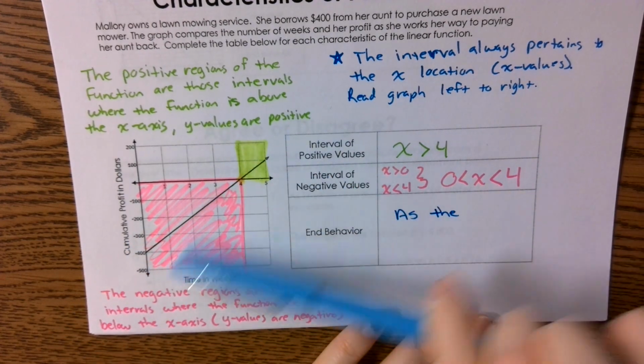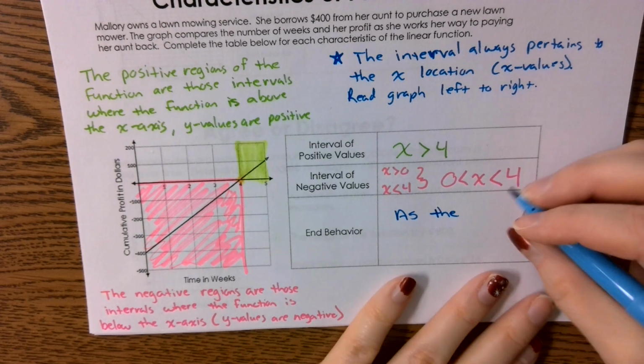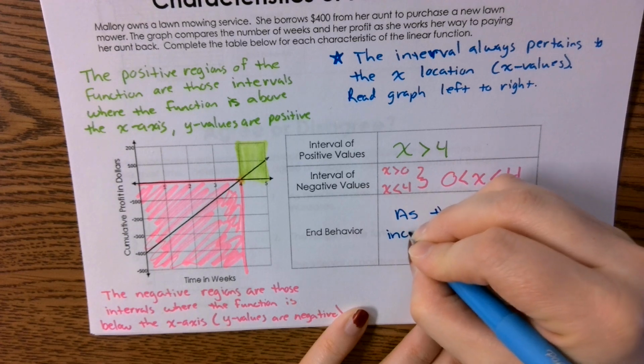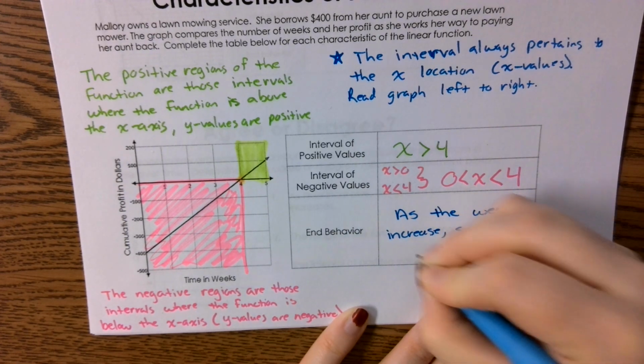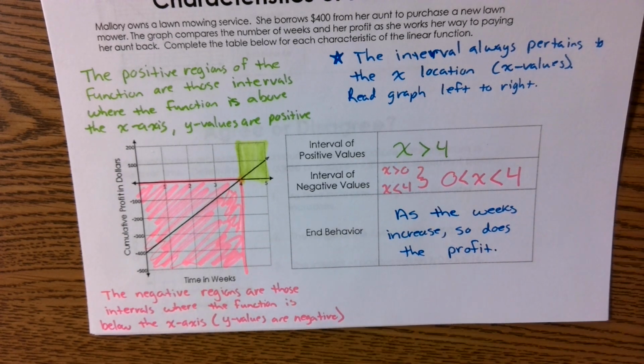In these linear relationships, the trend happens to be that as we increase in weeks, we also increase in profit. All of this information is just characterizing what the function is looking like, or what it's relating to.